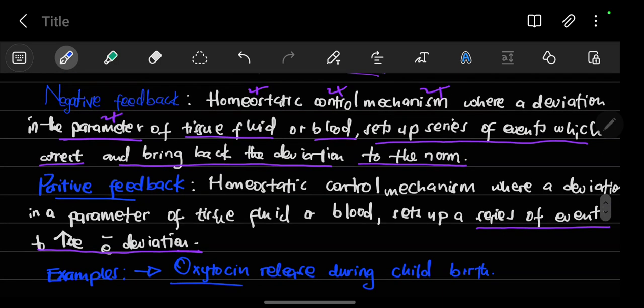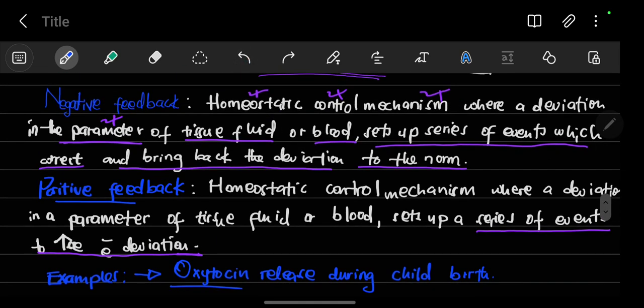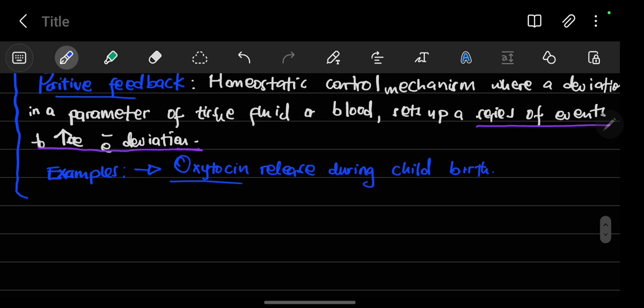Then what I'm forgetting to speak about is examples we find in negative feedback. Let me refer to them here. So in negative feedback, the examples are temperature regulation and glucose regulation.